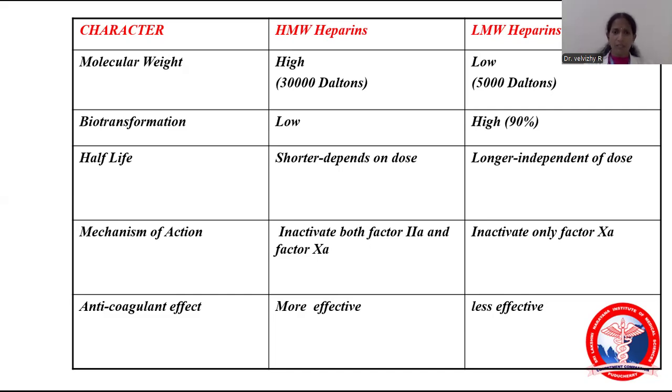Mechanism, as I told, heparin inactivates both factor 2A and 10A, whereas low molecular weight heparin inactivates only factor 10A. So the anticoagulant effect is greater with heparin because it inhibits a lot of factors, 2A, 10A, and other factors also. Whereas with low molecular weight heparin the anticoagulant effect is a little less.